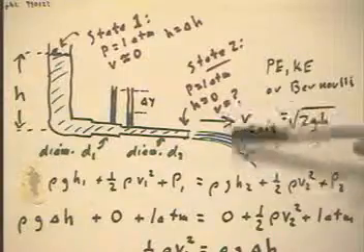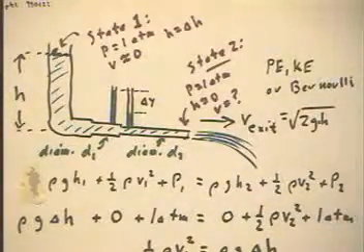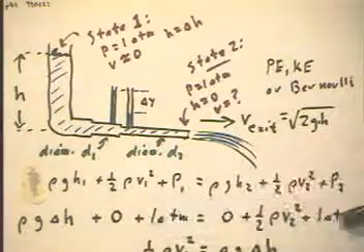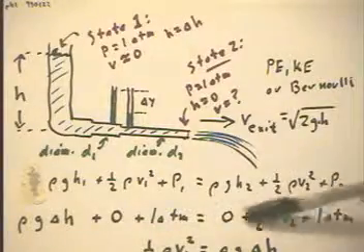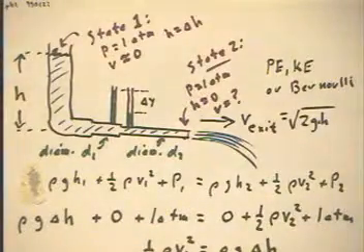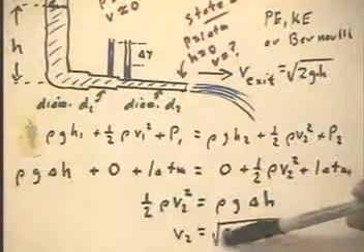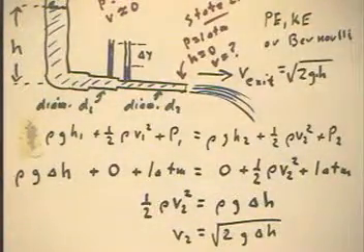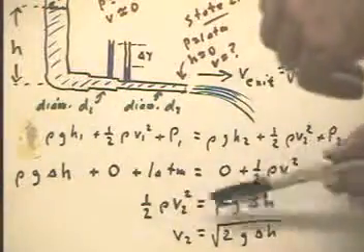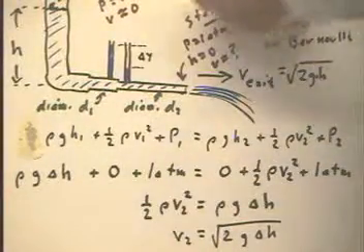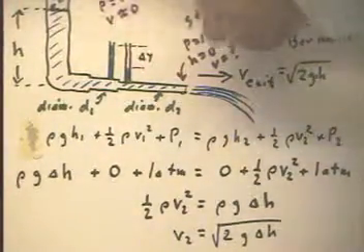And the height at state 2 is 0, so this term's going to be 0. After we subtract the 1 atmosphere from both sides, we're just left with 1/2 rho V2 squared equals rho g delta H, with the solution V2 equals the square root of 2g delta H, and that's no surprise. This is almost identical at this point to what we get from the energy considerations, the potential and kinetic energy analysis.